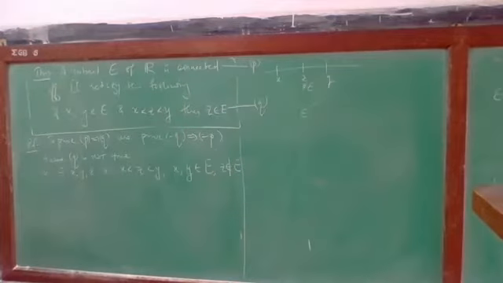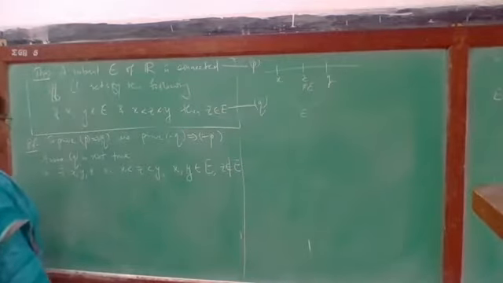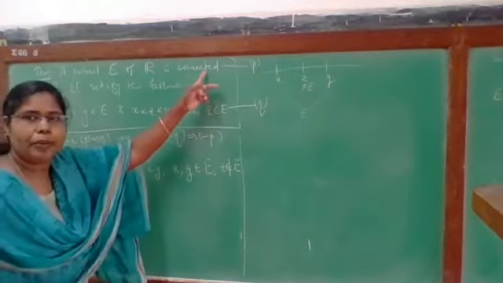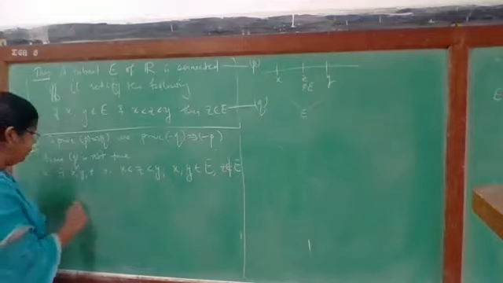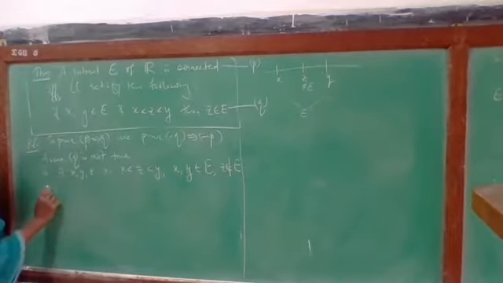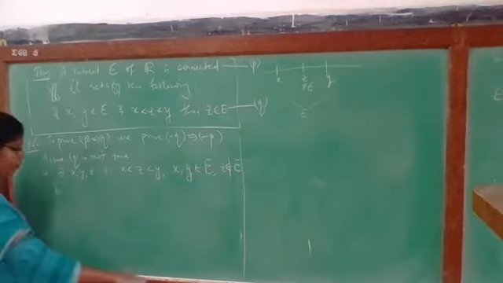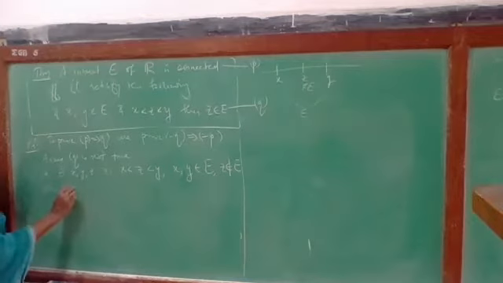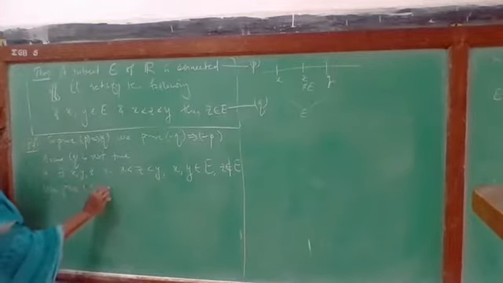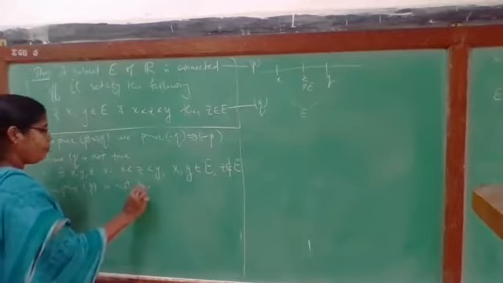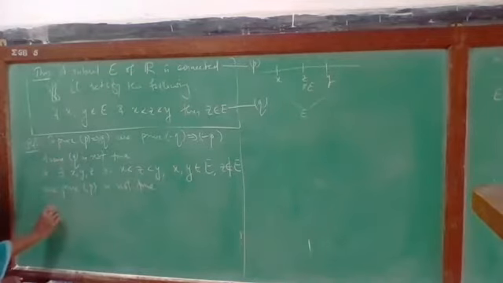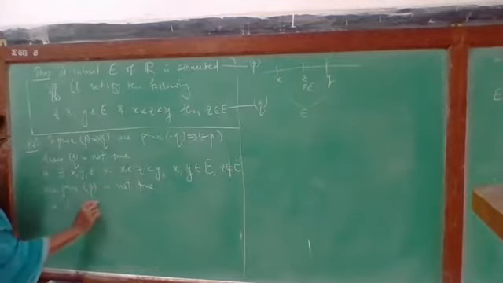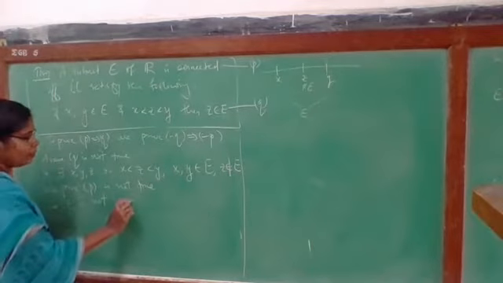Okay? So now, if Q is not true, we want to prove that P also cannot be true. So our aim is to get P is not true. That is, we want to get E is not connected.